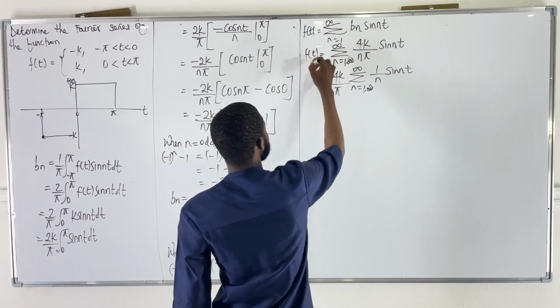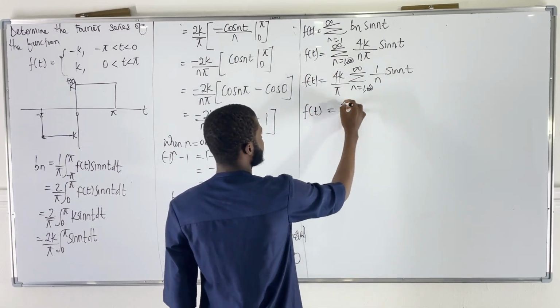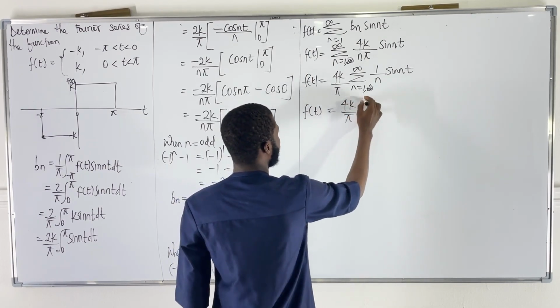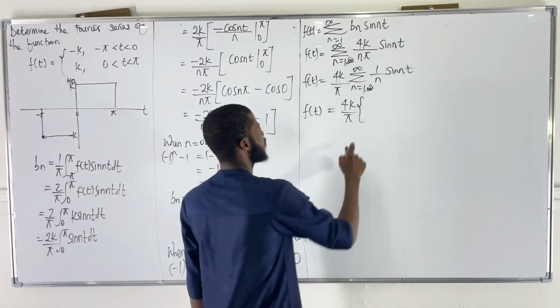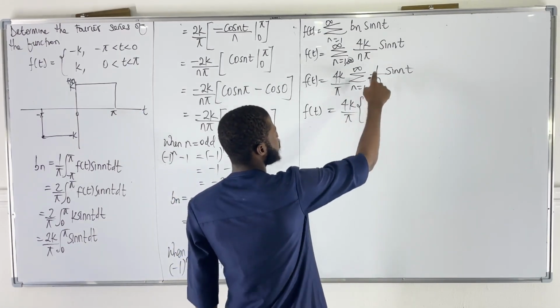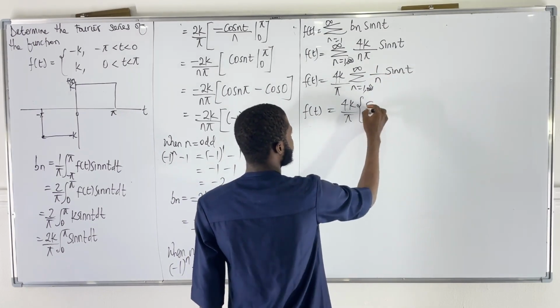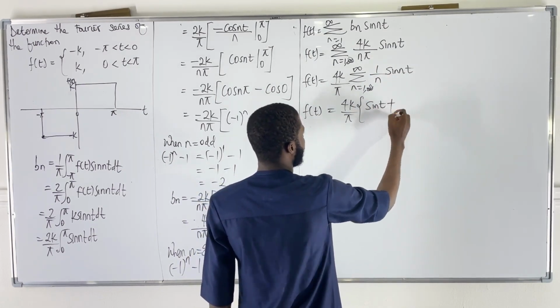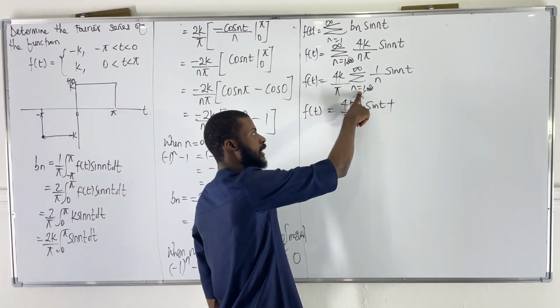So this is f of t. Now let's expand this. We have 4k over pi, open up a bracket. Let's bring out some harmonics. So n equal to 1: 1 over 1 is 1, sine 1t is sine t. So this is sine t plus the next number, which will be 3, because we're only picking odd.